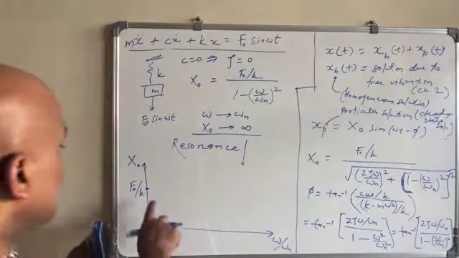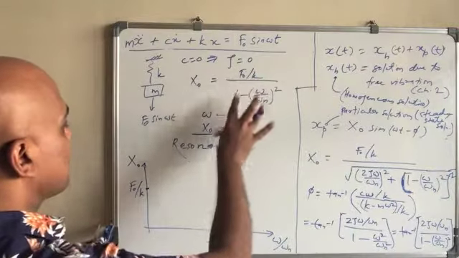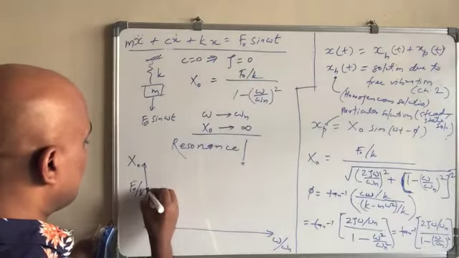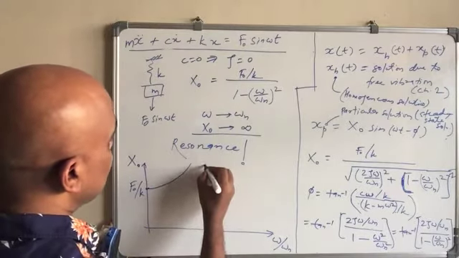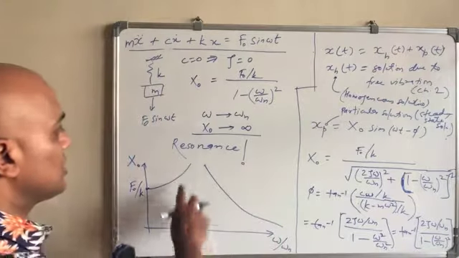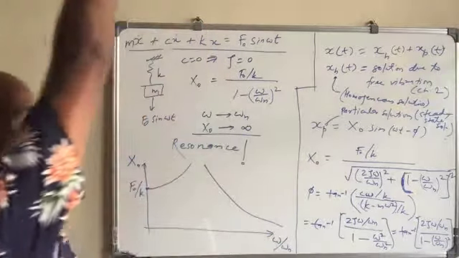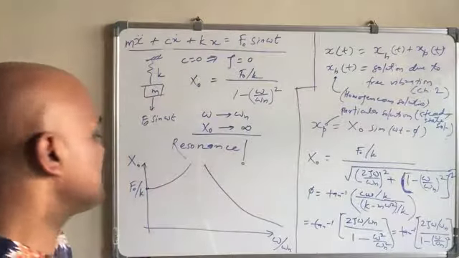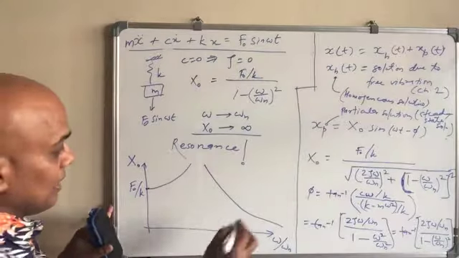If you plot this condition, it will go up and reach infinity somewhere, and then come down like this. X naught will tend to infinity.